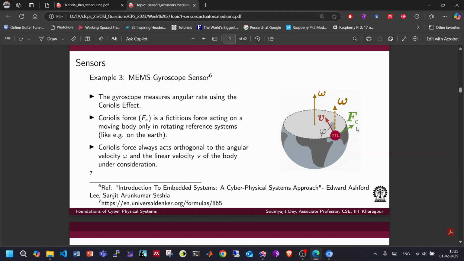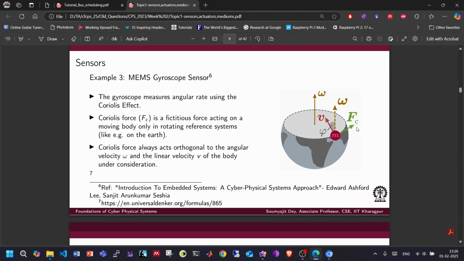In this case we are using the Coriolis force, and we are suspending a mass, the same way it is done in most MEMS sensors. There will be a proof mass placed in a frame, and that frame helps you understand how much Coriolis force you are facing.